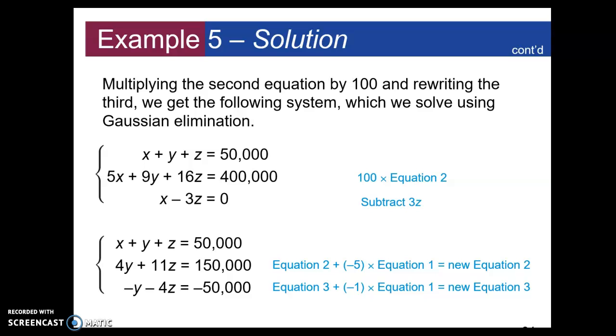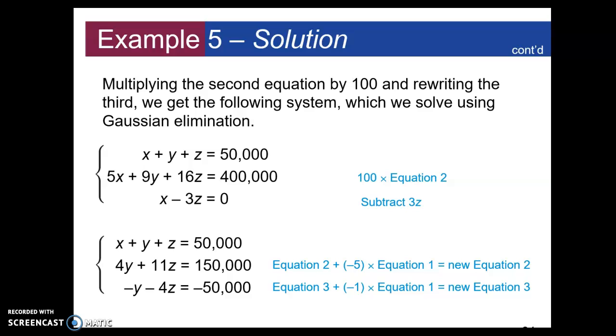Now, my third equation. Again, I need to combine equation 3, x minus 3z equals 0, with equation 1 in some way such that I eliminate the x's first. So I multiplied through by -1 in equation 1.